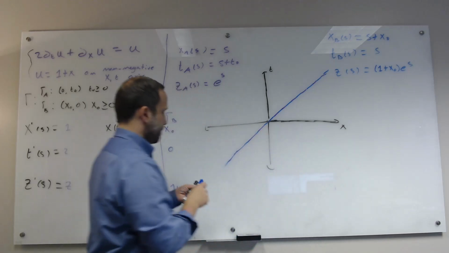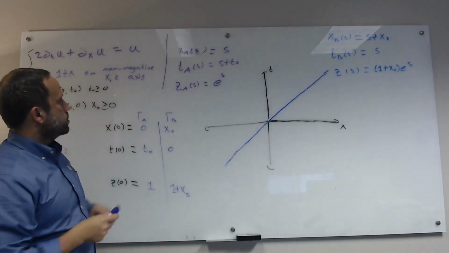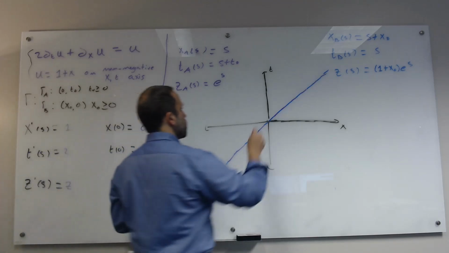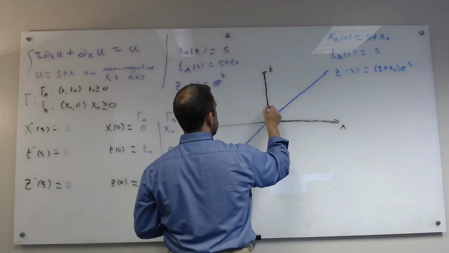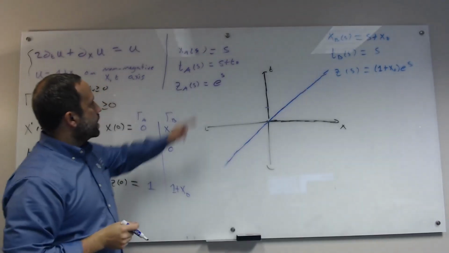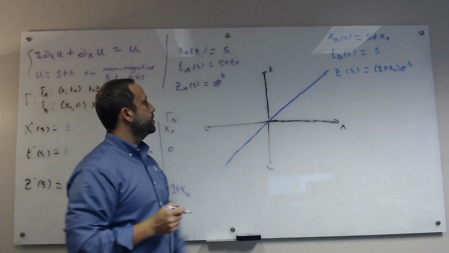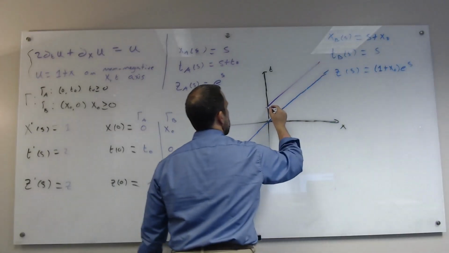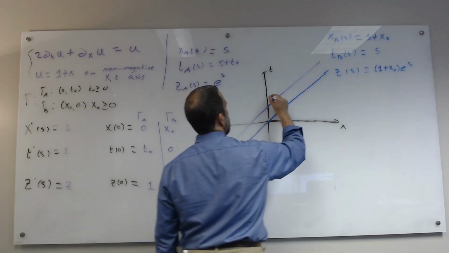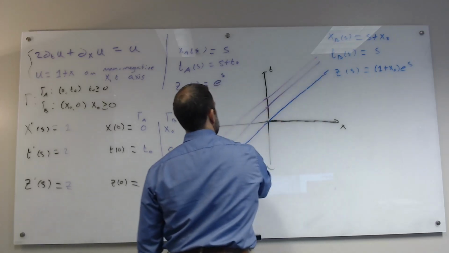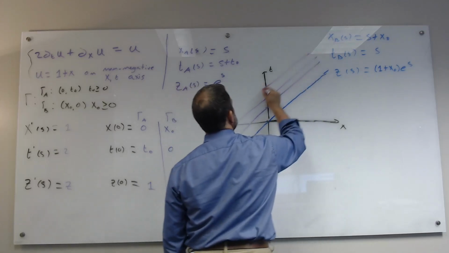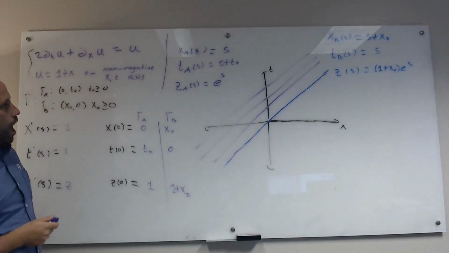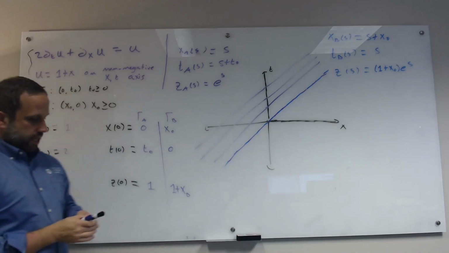Okay, so now I'm going to look at these characteristics here. Now these characteristics start from a point here on the t-axis. And again, the slope is the ratio of these coefficients, so it's 1, and we're going to have slopes like this. These are going to be the characteristics. I'm going to draw a few of them in the same color, not like I was doing with different colors for previous videos. Okay, so that gives us the characteristics here.